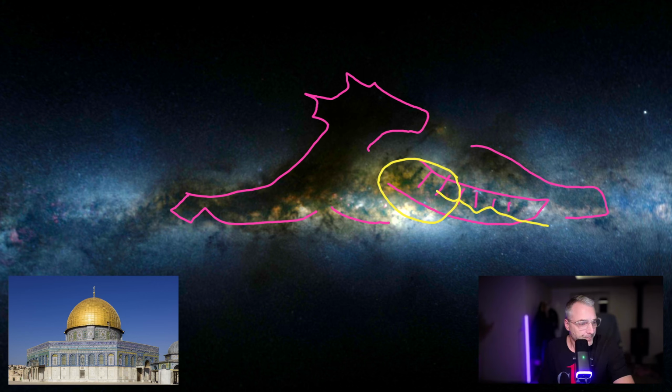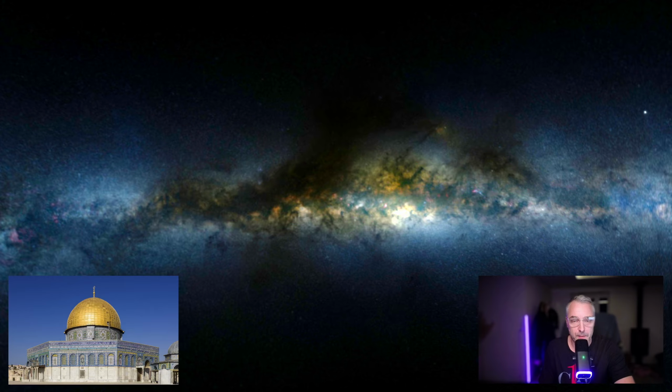Okay. And as I told you before, the striped shadow also represents a boat in many myths. And it's the shining boat, of course. And that was long before the Abrahamic religions existed.